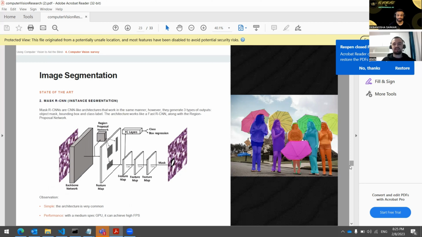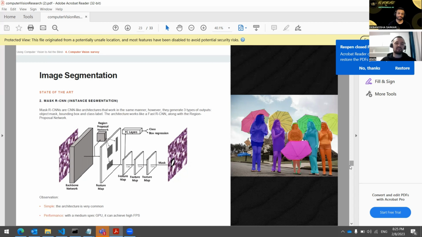Right. And that's the main difference here. For semantic, it's the same thing, nobody cares. Here, let's say the key players are Mask Region CNNs, and yeah, I think Mask RCNNs are basically the benchmark here.